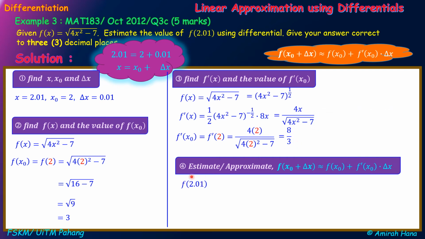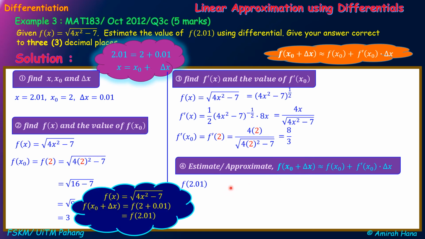And then step 4, we can estimate or approximate. From the given question, f of 2.01 goes on the left-hand side of the formula.